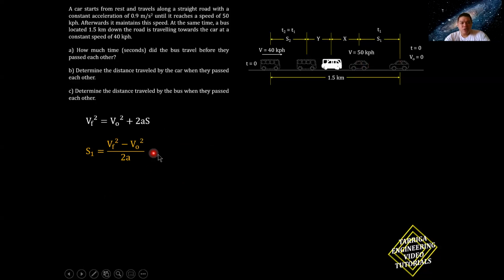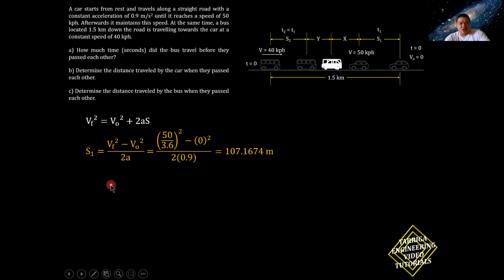Substituting, our final velocity is 50 kilometers per hour, divided by 3.6. Where does that 3.6 come from? That is a conversion factor from kilometers per hour into meters per second. Remember that every 3.6 kilometers per hour is equal to 1 meter per second. And if you calculate that using your calculator, that would be the answer.